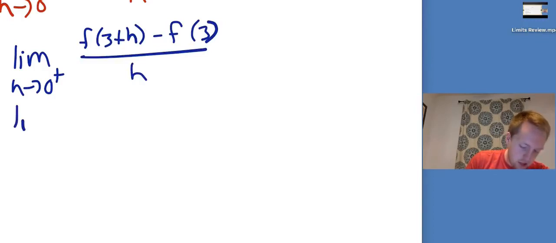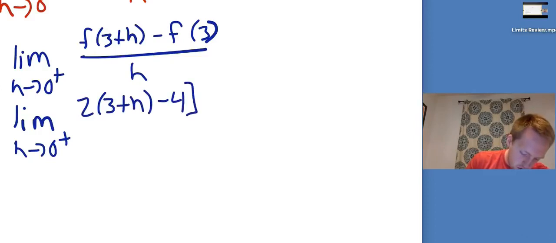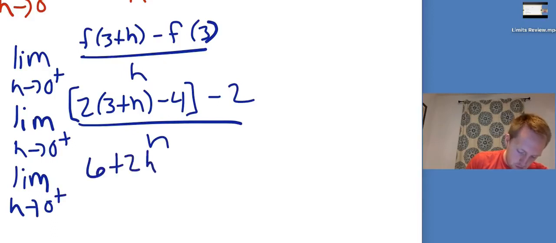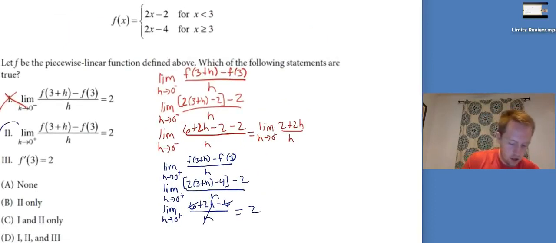That's the limit as h goes to 0 from the right of 2 times 3 plus h minus 4, minus 2, because that was what f of 3 was, all over h. So that's the limit as h goes to 0 from the right for 6 plus 2h minus 6 over h. Well, look, the 6's cancel, which leaves us with the h's to cancel, so that is 2. Okay, statement 2 is good.